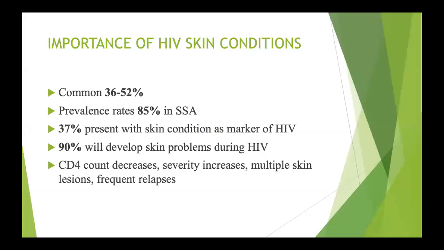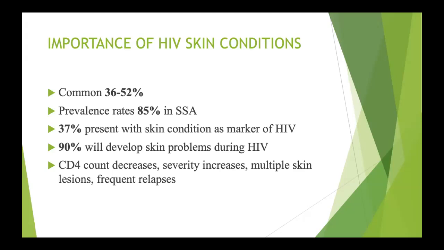All right, so the importance of HIV skin conditions. They're quite common. It's about 36 to 52% of people who have HIV who manifest these skin conditions. The prevalence rate in South Africa is 85%.